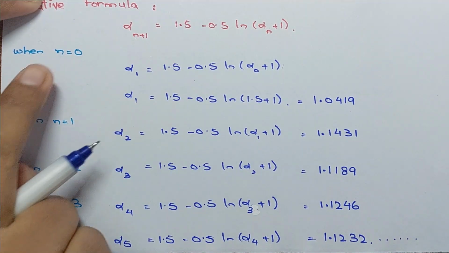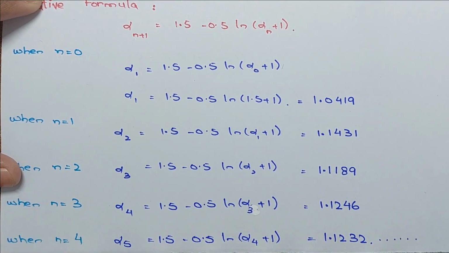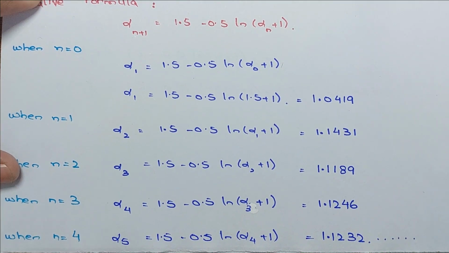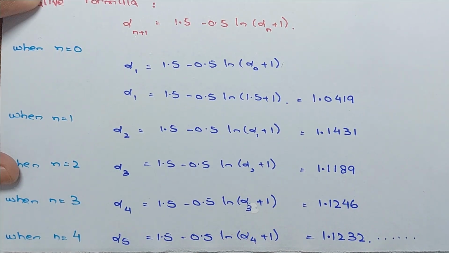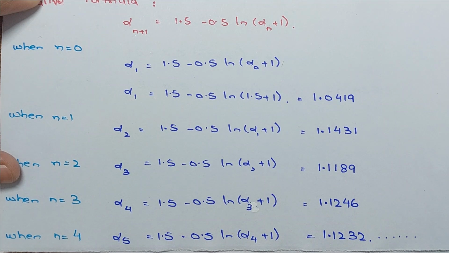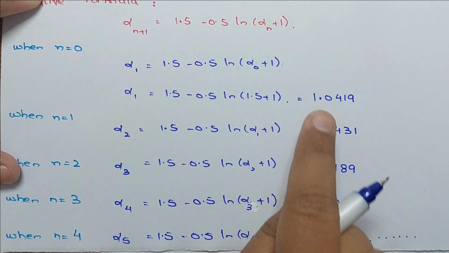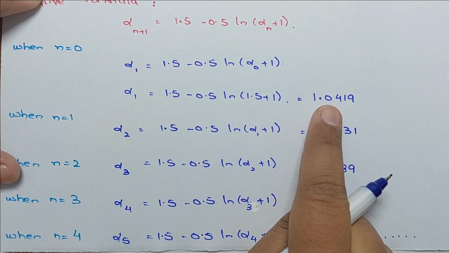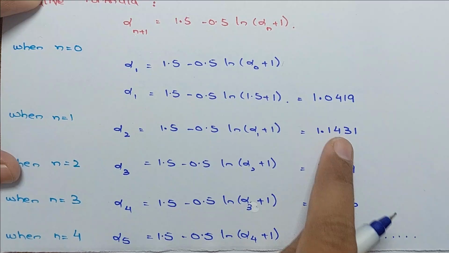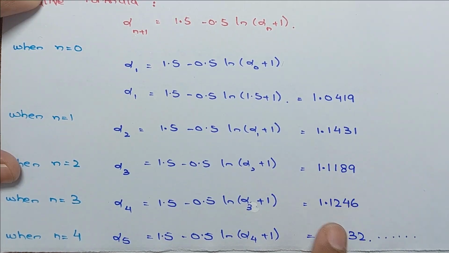So we have done 5 iterations, and every iteration is up to 5 significant figures. After 5 iterations, we come to know that the alpha value should be given to 3 significant figures: 1.04, 1.14, 1.12, 1.12, 1.12.